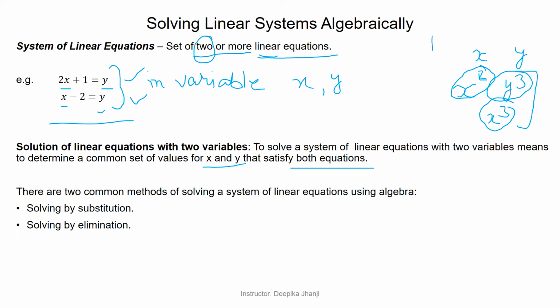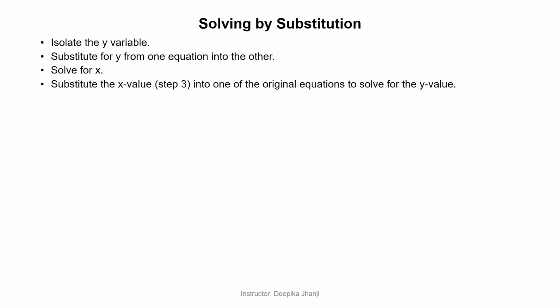Now, we have basically two methods to solve linear equations using algebra. There is another method which is the graphical method, but using algebra we have two methods, the substitution method and the elimination method. In this video, I'm going to talk about the substitution method, the first method.